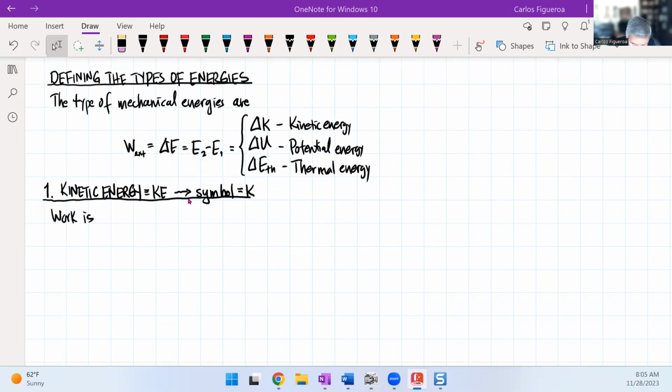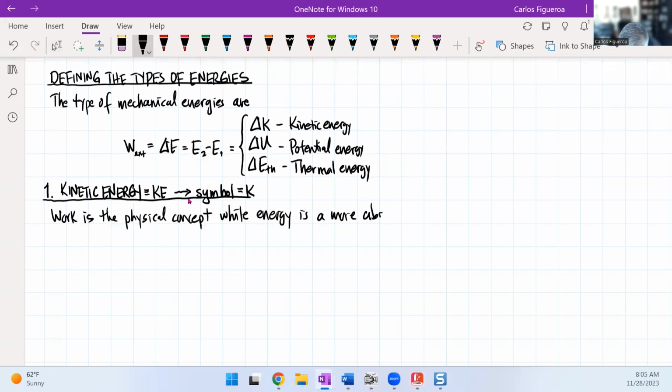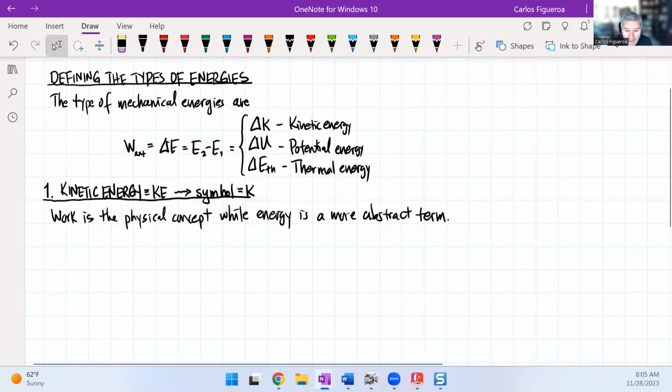So as a reminder, work is the physical concept, while energy is a more abstract term. And one of the goals here is to show you why I make that statement. So let's try to do that.